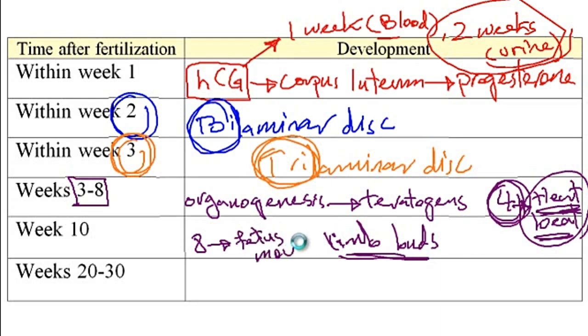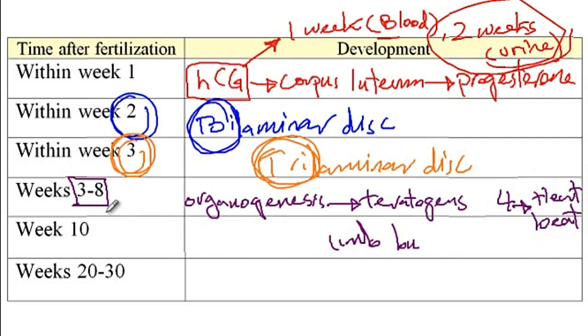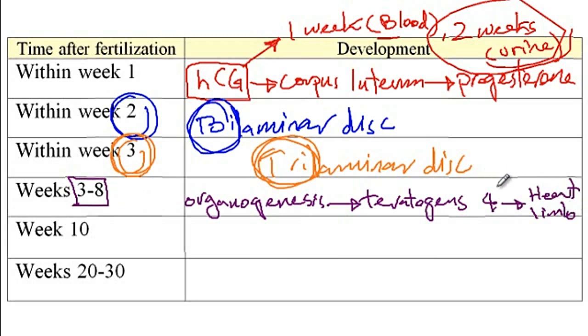So once again, let's review weeks 3 to 8 one more time. So we have organogenesis at around 3 to 8 weeks of gestation. At week 4, the heart starts to beat, and then we have the 4 limb buds that are being formed, and then at week 8 of gestation, the fetus will start to move.